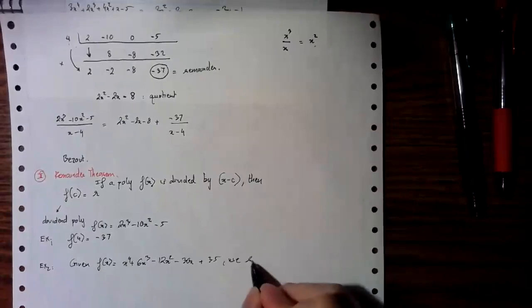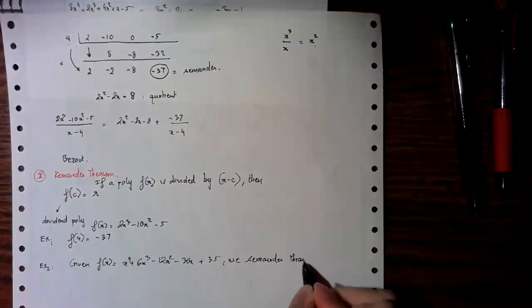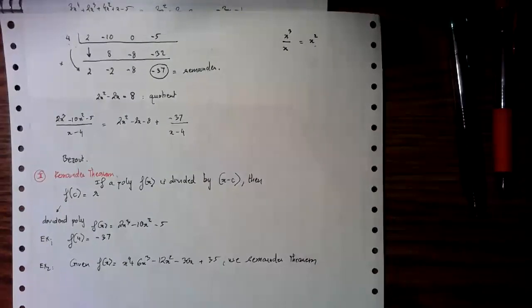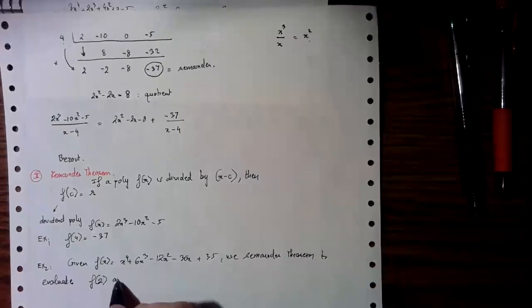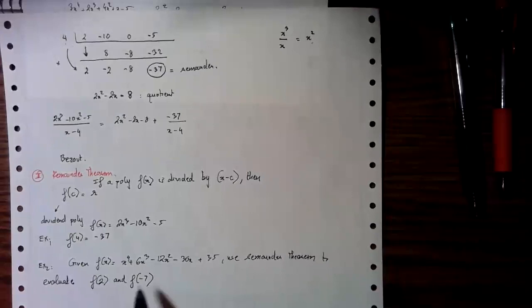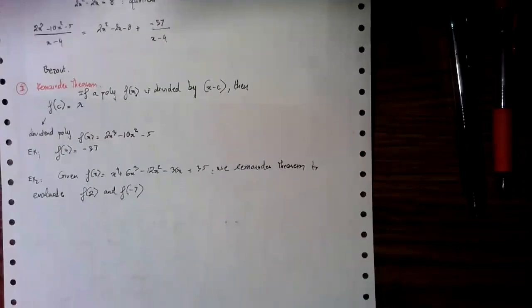Use the remainder theorem to evaluate f of 2 and f of negative 7.